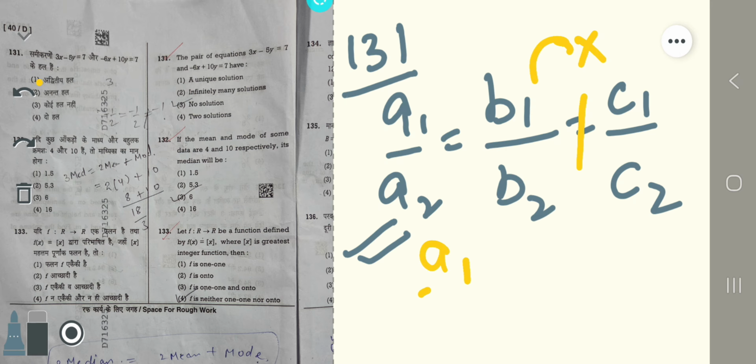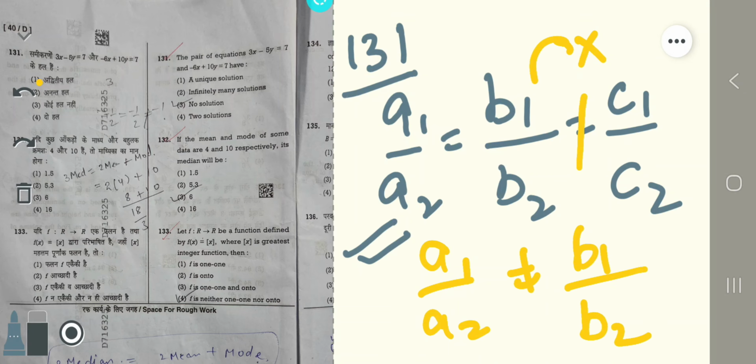And when a1/a2 is not equal to b1/b2, then we have a unique solution. So let us check these conditions in the given question.